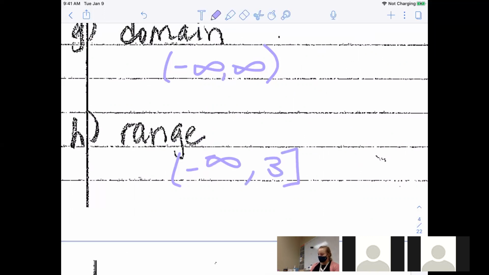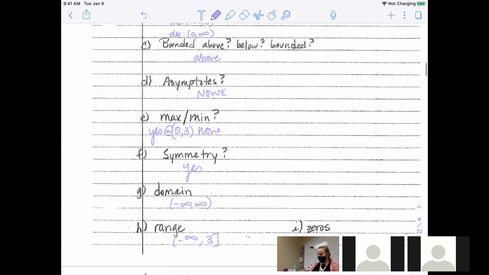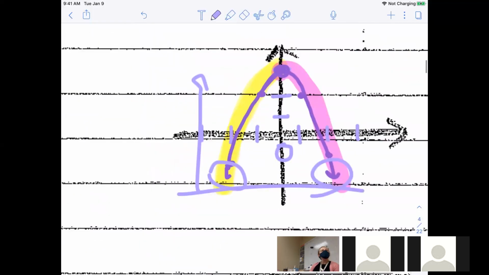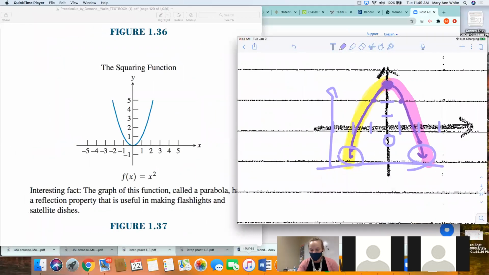And then last are my zeros. As we already said, there's no pretty exact point that it's at. So we got to go in the calculator. We're just going to graph it and find the zeros. So let's do that really quick. Where's my calculator?